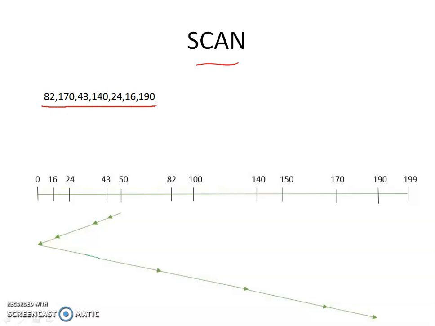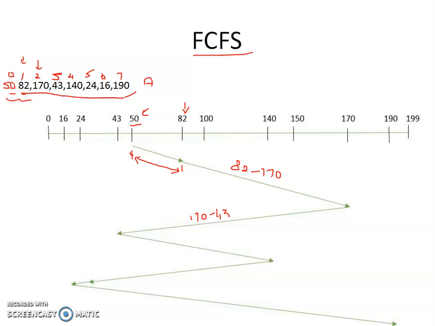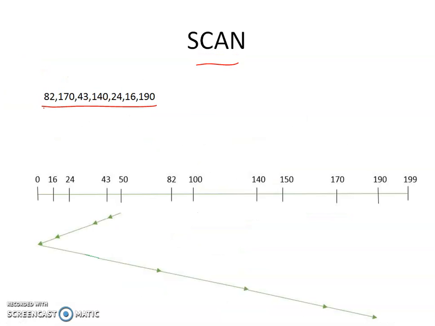In this also you will have an array in which some addresses are stored. Similar to what you did in the previous one, where you inserted the head value at the 0th location, here also you need to insert the head value, that is 50, at the 0th location. Then at the 1st location you need to insert the left end of the disk, that is 0.